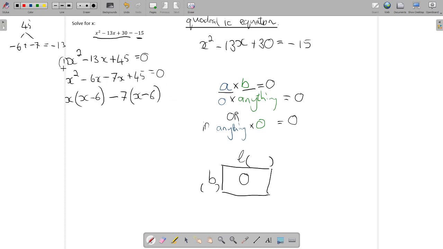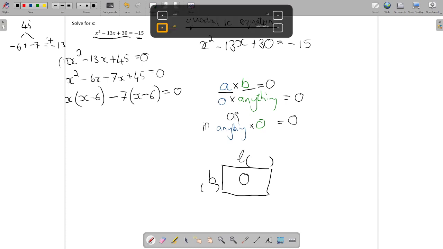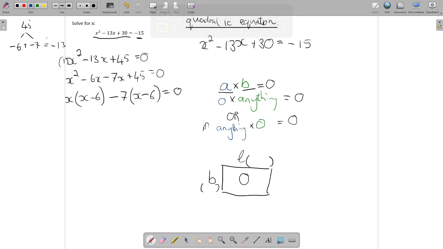So I have not changed anything from my original equation, equals 0. Remember, we're working with an equation, not just an expression this time. Over here again I've got a common factor, x minus 6, in both terms, and I can take it out. I take out x minus 6 and I'm left with x minus 7.